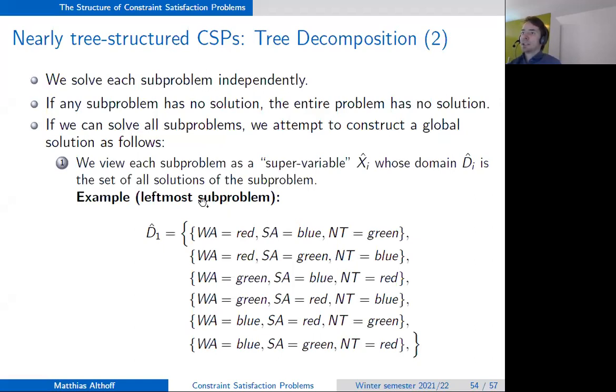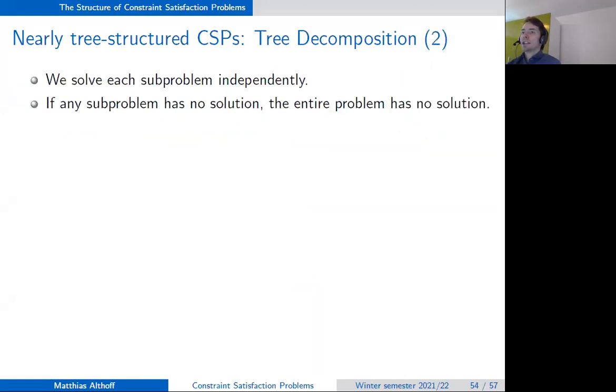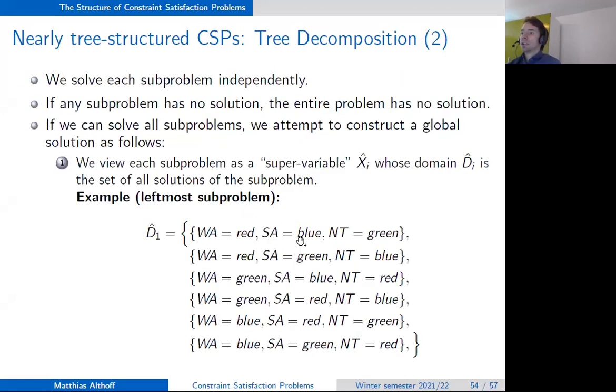In the example, the leftmost subproblem consisted of Western Australia, Northern Territory, and South Australia. And here you see all possible value combinations that are feasible. In each of these combinations, each region has a different color.